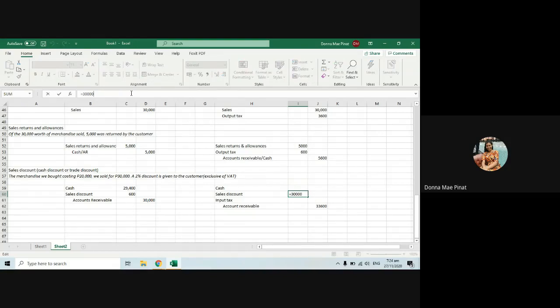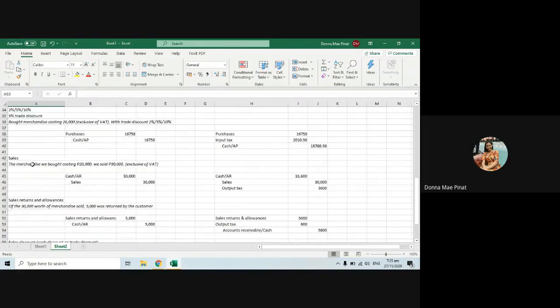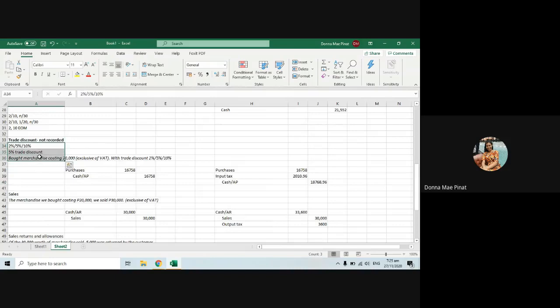So dapat 30,000 that is exclusive of VAT times 0.02, that's 600. Tapos your input tax is 600 times 0.12, 72. So your cash is 33,600 less 600 less 72. So ang imong madawat na lang is 32,928. So same gihapon sa trade discount.